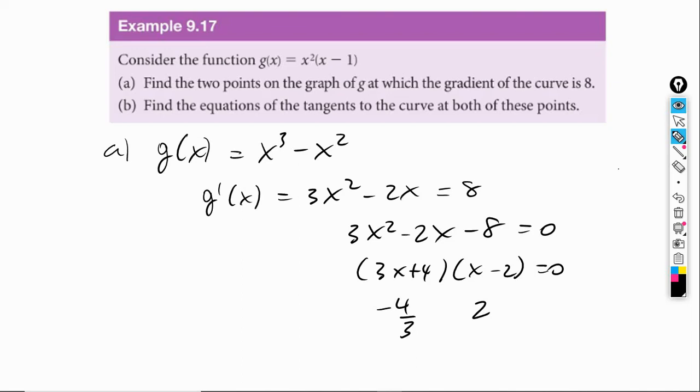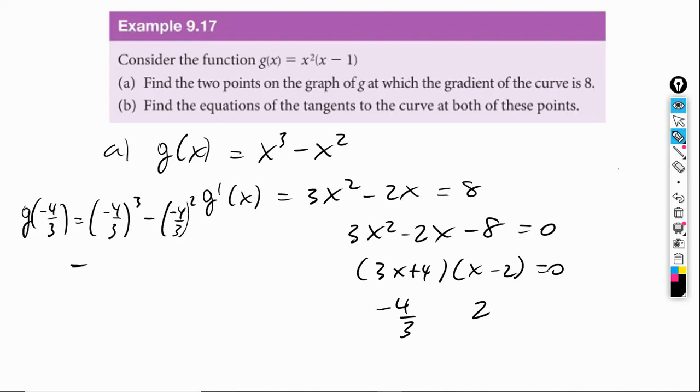So we still have to find the y coordinate for the 2 points, because these are only the x coordinates. So we have to go back to the original function, right? G of -4/3, which is going to be -4/3 cubed minus -4/3 squared.